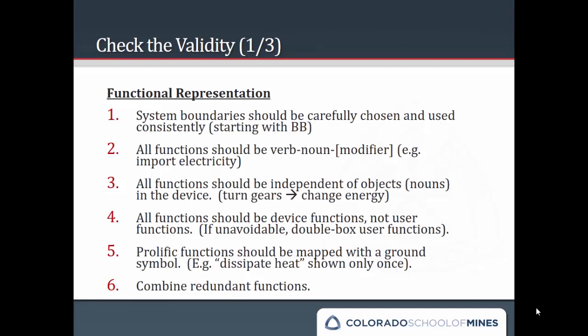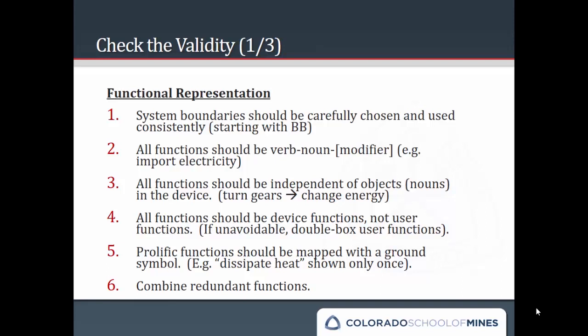So basically one of the things that we want to do is check the validity of our functional representation. So we want to make sure that the system boundaries are carefully chosen and we use them consistently. We want to make sure that all functions are in the verb-noun form. We also want to make sure that all functions are independent of objects in the device.